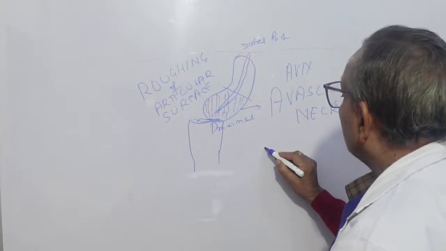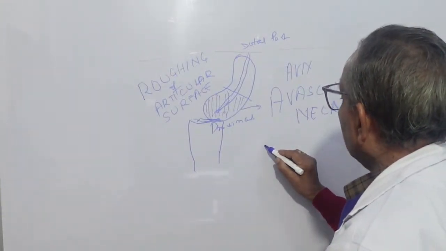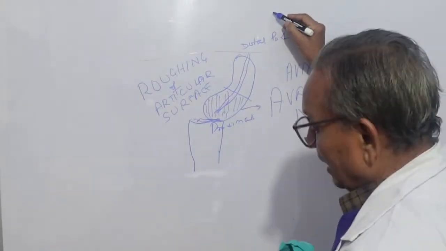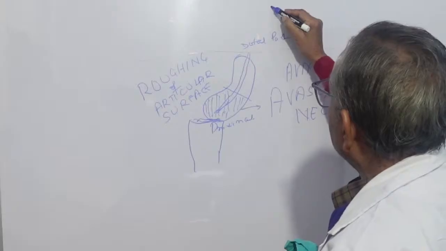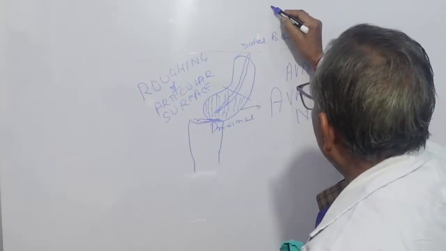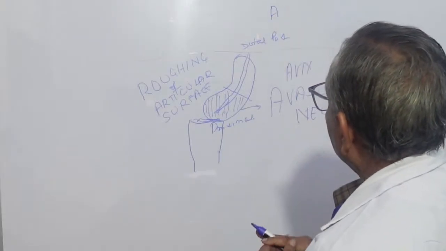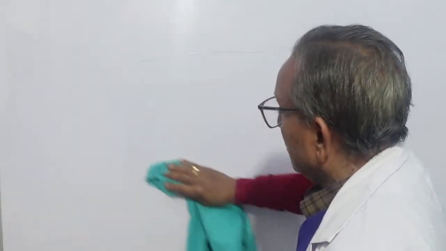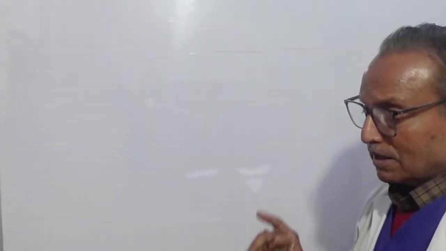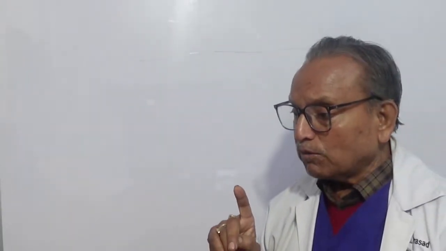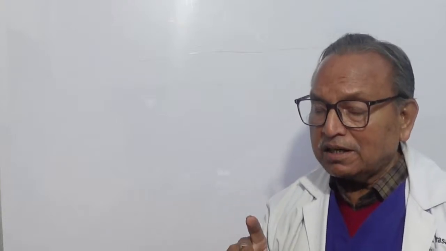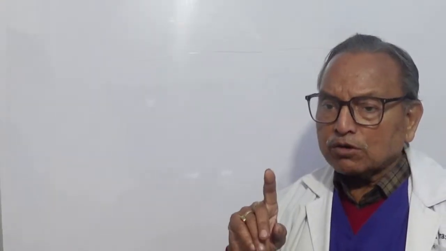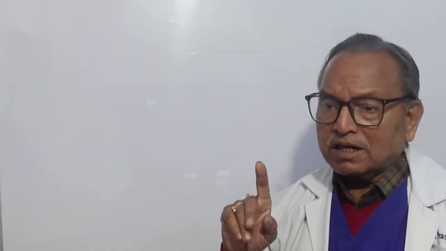Another important joint, and sometimes you may be asked in your exam. This is of very clinical importance. Therefore, the bone which can be fractured, the most important carpal bone and most common fracture, develops over the scaphoid bone.